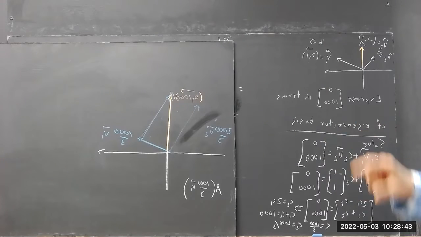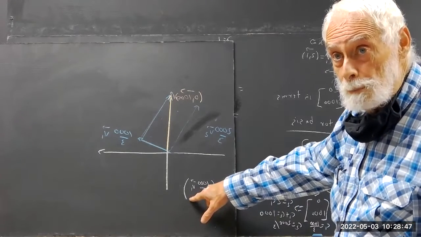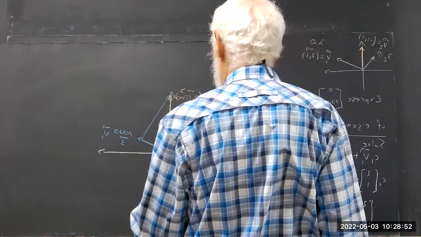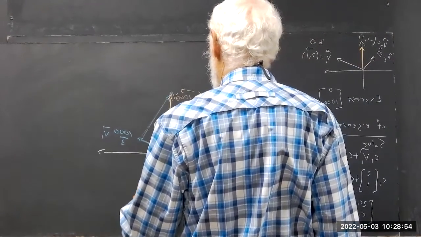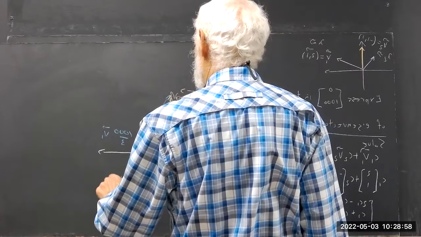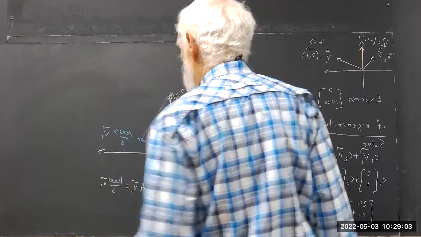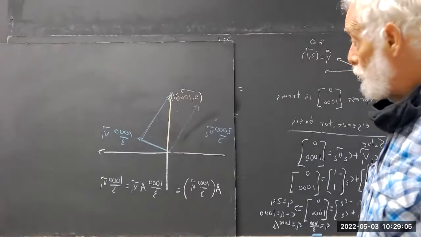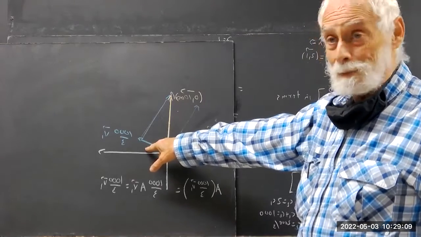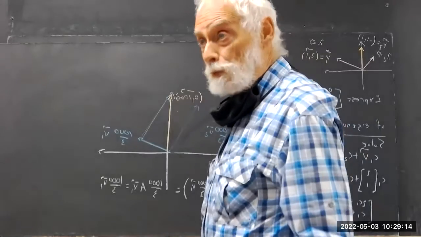Well, you could plug into the matrix, but we know that V1 is an eigenvector with eigenvalue 1. So this is 1,000 over 3 times A V1, which just equals 1,000 over 3 times V1. In other words, this vector doesn't change because V1 is an eigenvector with eigenvalue 1.